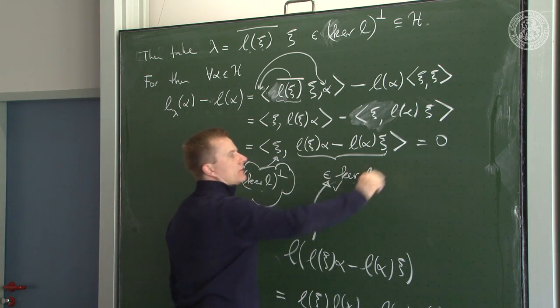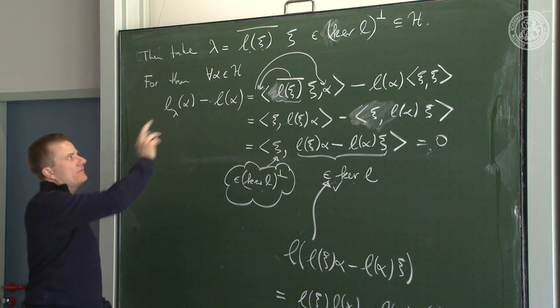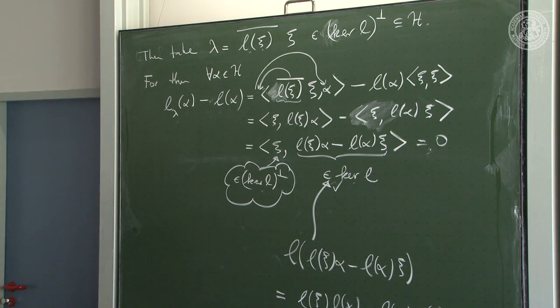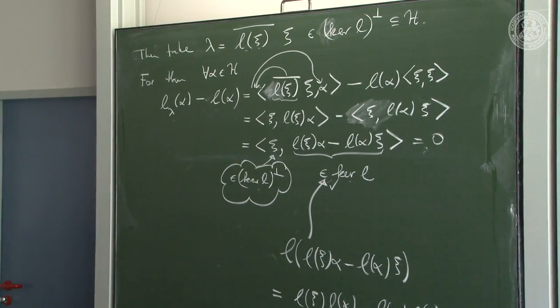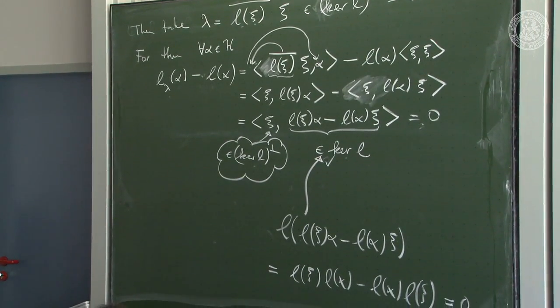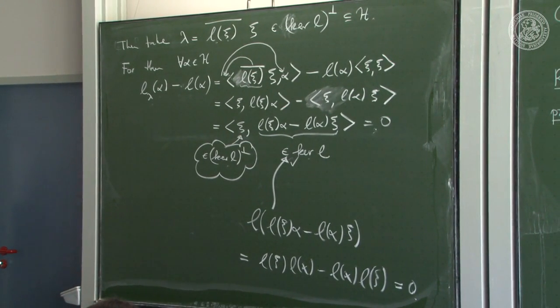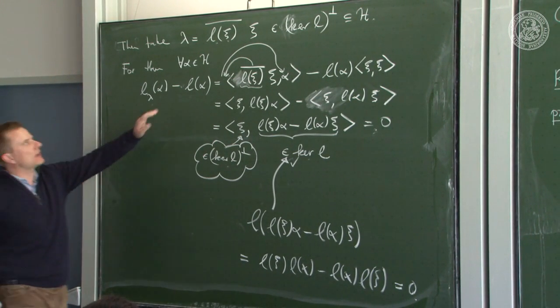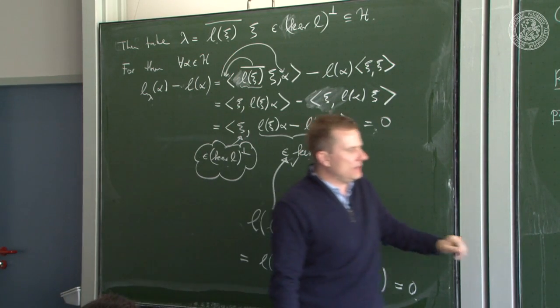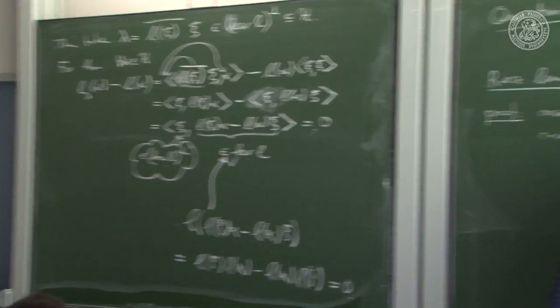Hence this is an element of the kernel. Hence this is 0. Hence we found the lambda. Well, we didn't find the lambda. We found a lambda because our choice of psi, which we used to construct the lambda, well, it was just some choice in this set.